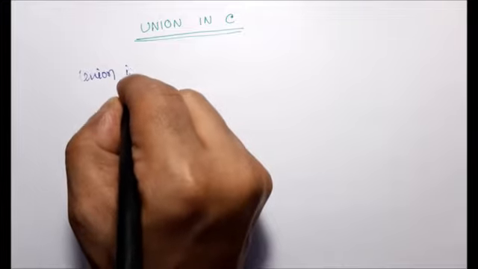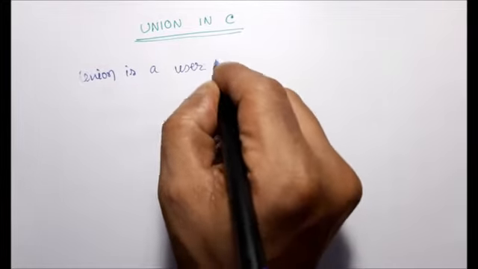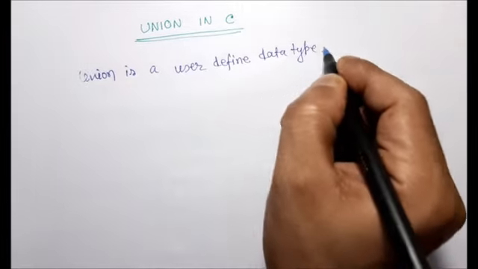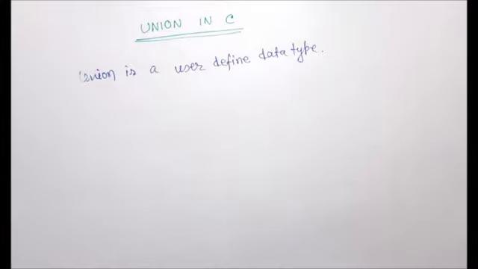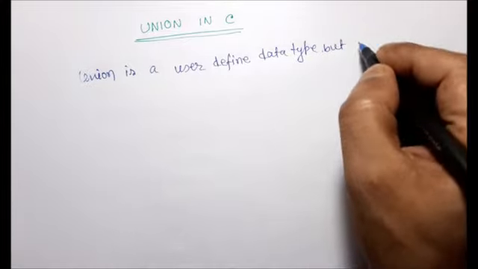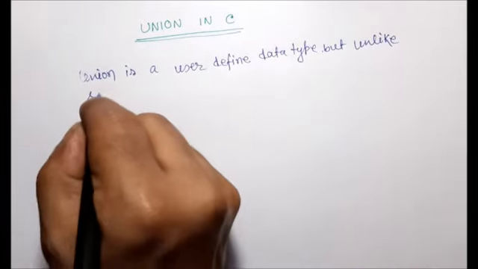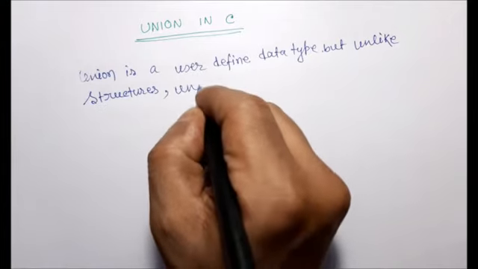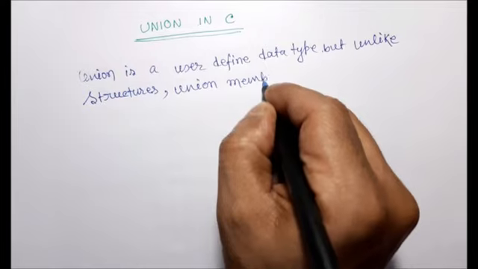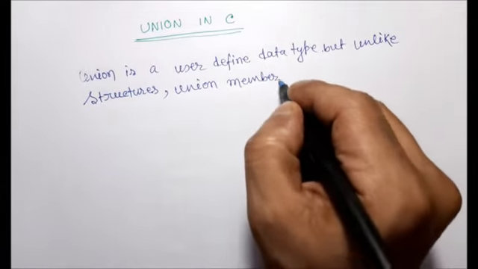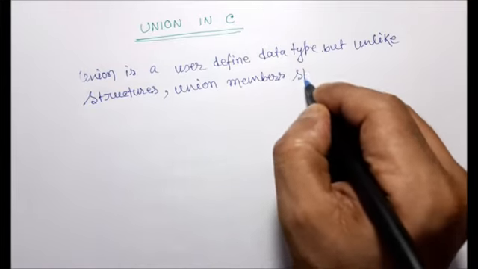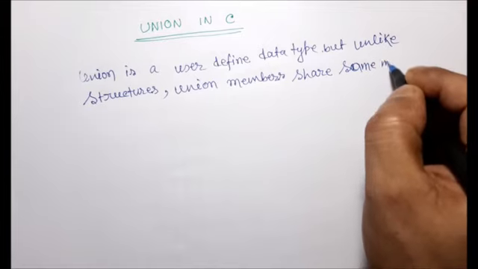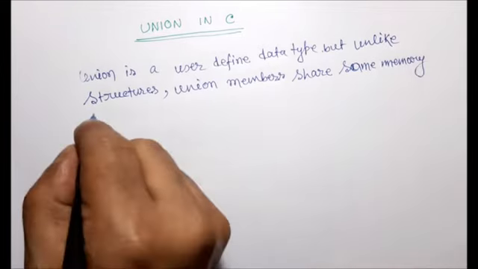Union is a user defined data type. So first point, union is a user defined data type, but unlike structure, union members share the same memory location.